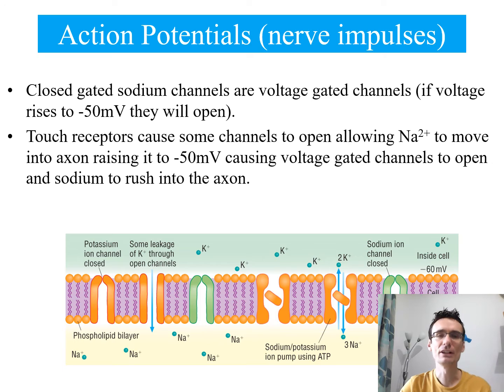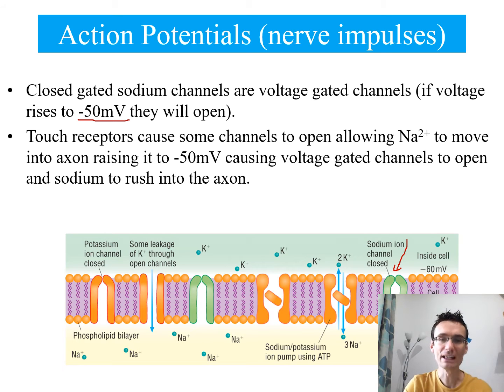So let's have a look then. So basically this shows you what is happening here. So we've got closed gated sodium channels, and they are voltage gated channels. So we're talking just about the sodium ones at the moment. They are closed unless the charge gets to a level of minus 50 millivolts, which is called the threshold potential.